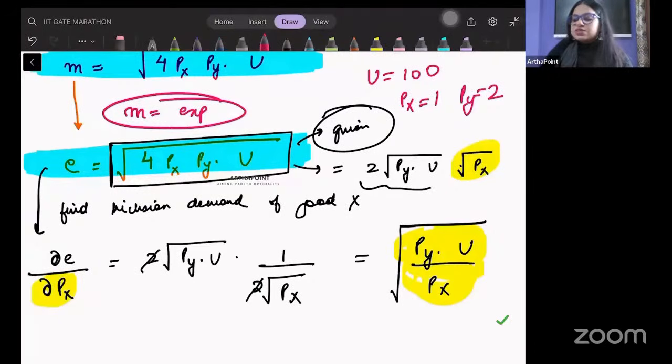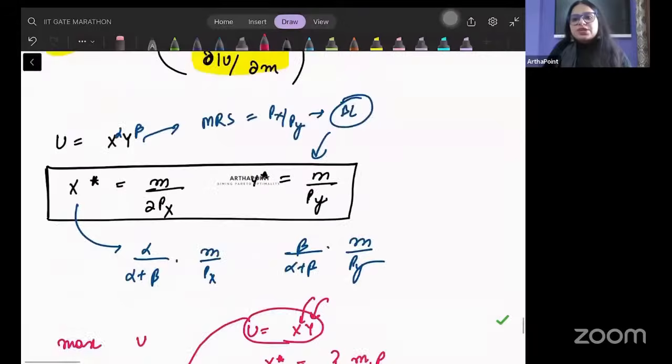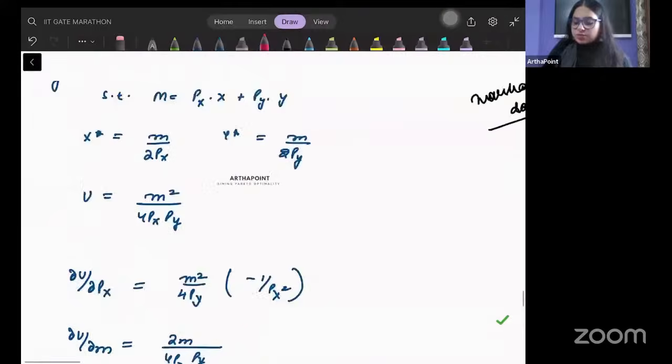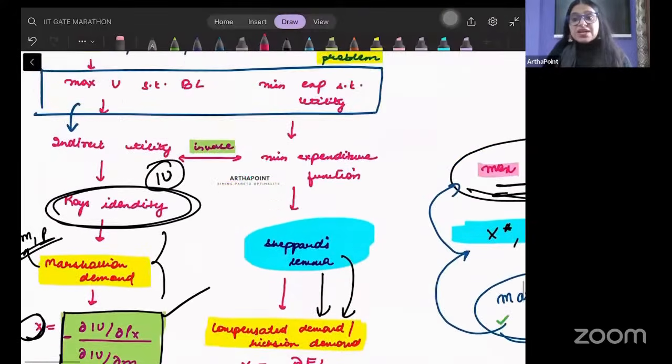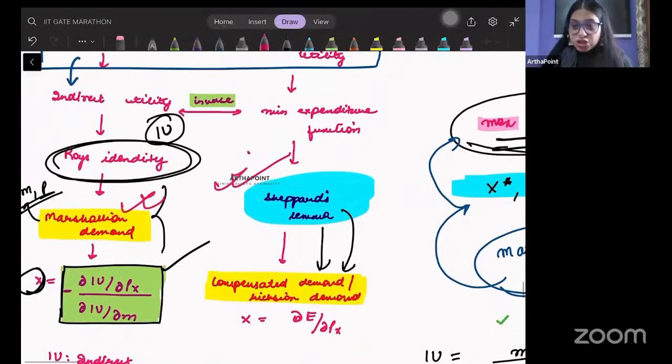Then you can just plug in these values and find the answer. So the rule used to find Hicksian demand is called Shepard's lemma. It may be asked in the exam. And the rule that is used to calculate the Marshallian demand is called Roy's identity.